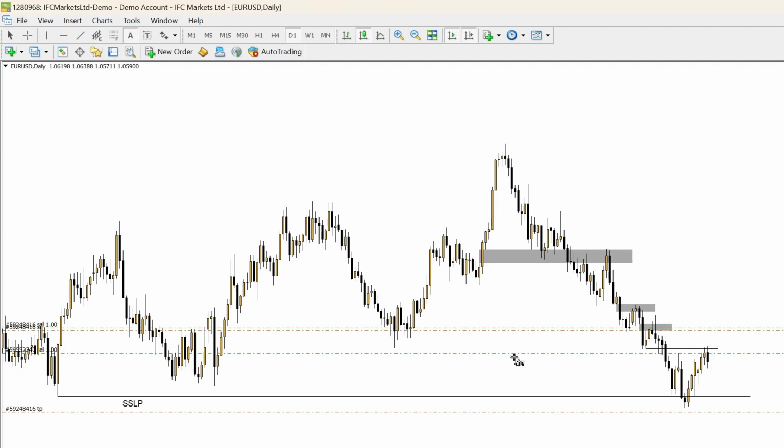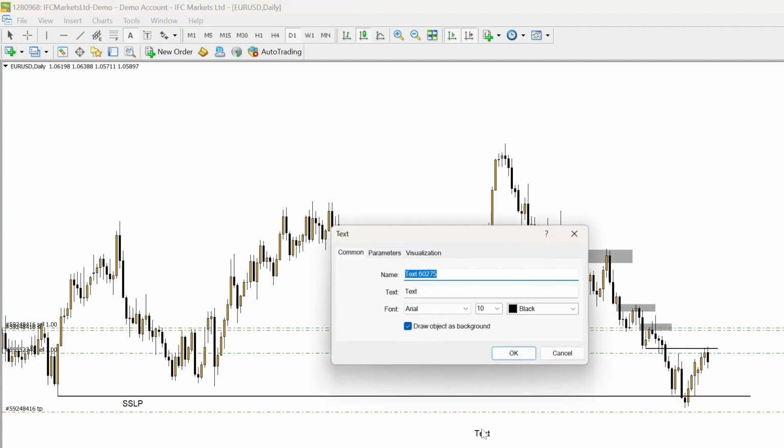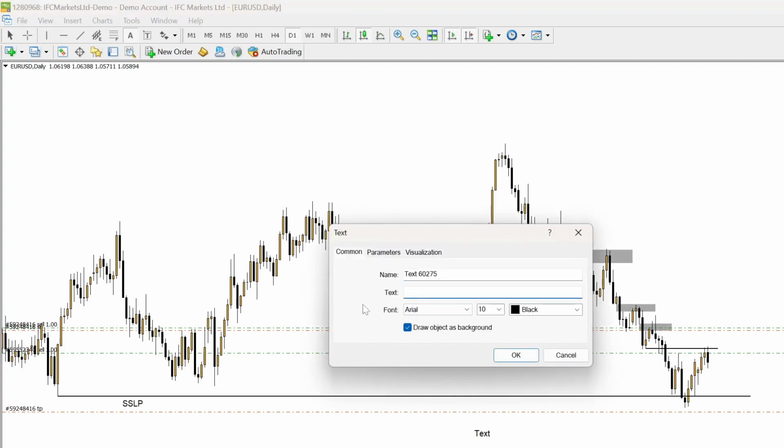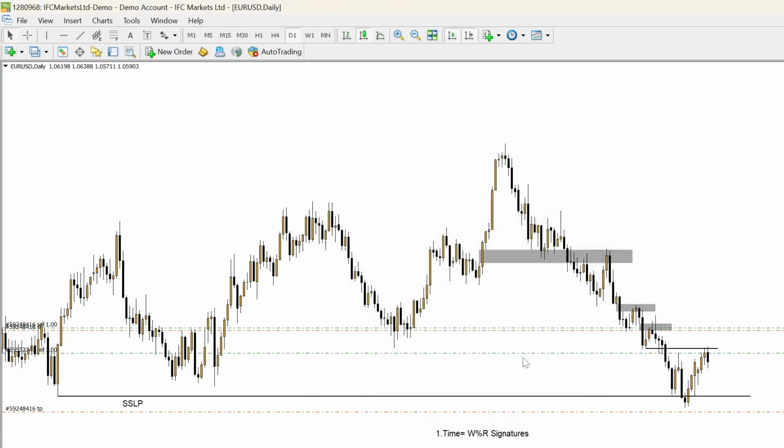So again, guys, we have time. We're going to do it the other way around now. Time: we have the Williams %R signatures. That's for time.